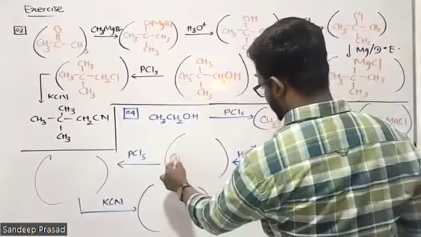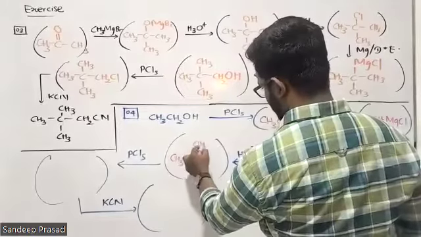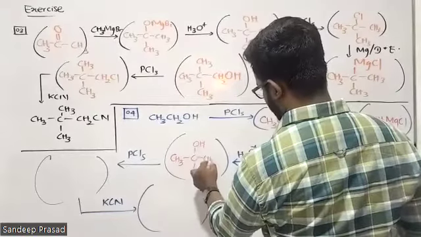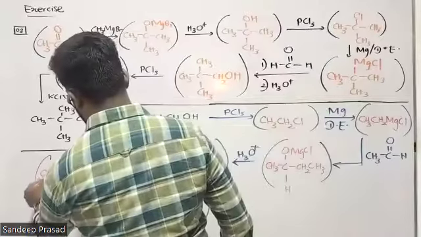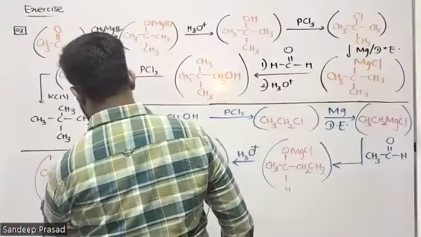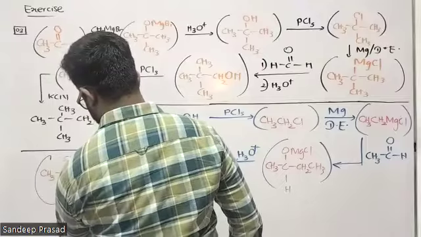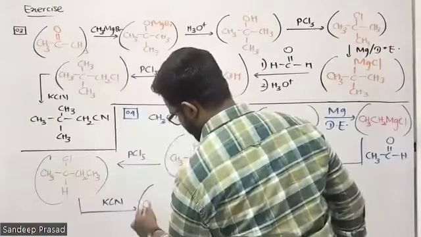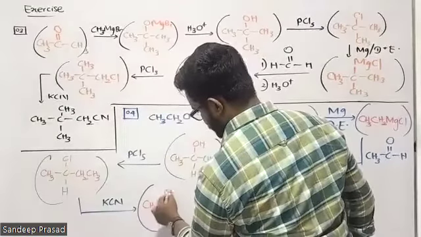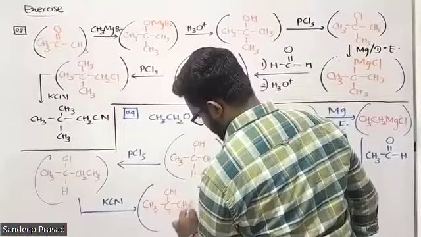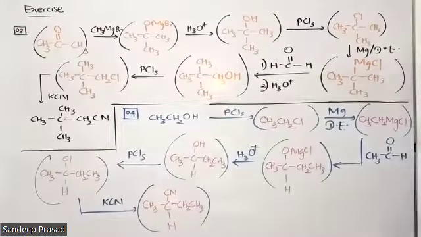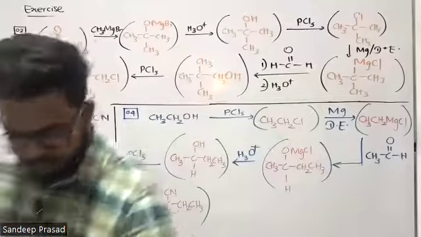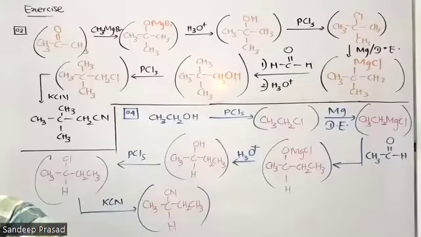H3O plus means here we can say CH3OH, CH2 CH3, PCl5, CH3 CCl. In this way. So raise your hand who completed the third one and fourth one quickly.